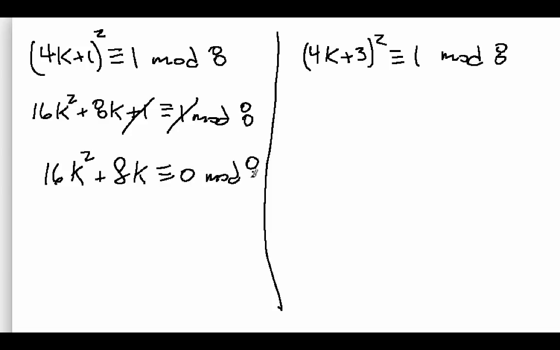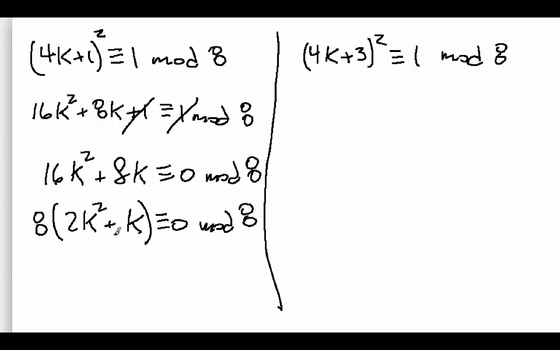Well, is that always the case? Well, notice over here I can factor out an 8. This is 8 times 2k squared plus k congruent to 0 mod 8. And I notice the following. If k is an integer, then 2k squared plus k is an integer, and 8 times any integer will be congruent to 0 mod 8. So that takes care of this case over here.